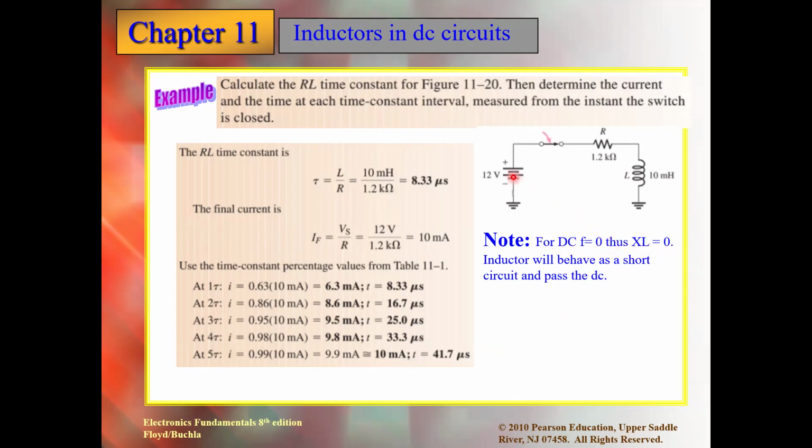And which type of battery are we connecting? DC. That's why XL is 0, so the inductor behaves as a short circuit and passes the DC. For DC, the inductor behaves as a short circuit and passes all the DC. Because we are applying a DC battery here, we can simply calculate the final current as Vs over R. This is the reason mentioned here. All right.